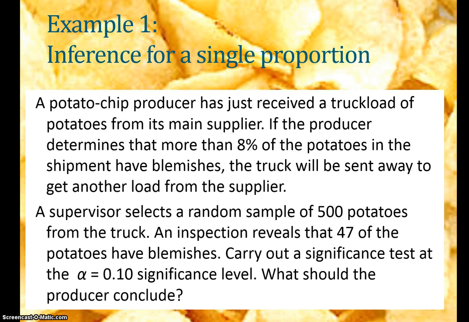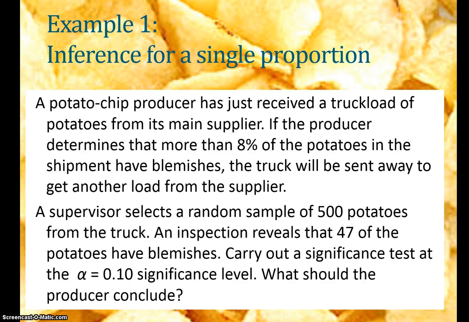Let's explore an example. In example 1 here, a potato chip producer has just received a truckload of potatoes from its main supplier. If the producer determines that more than 8% of the potatoes in the shipment have blemishes, the truck will be sent away to get another load from the supplier.